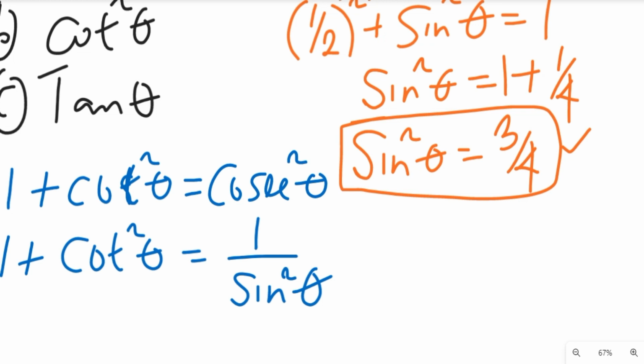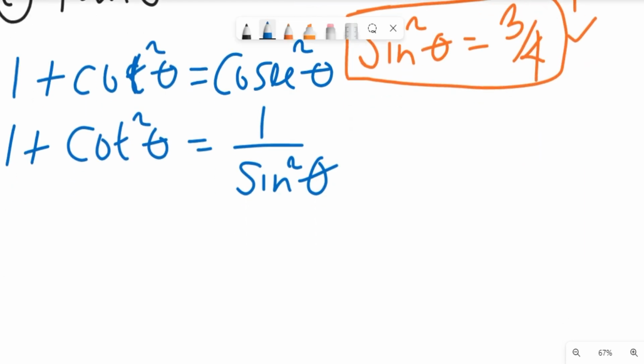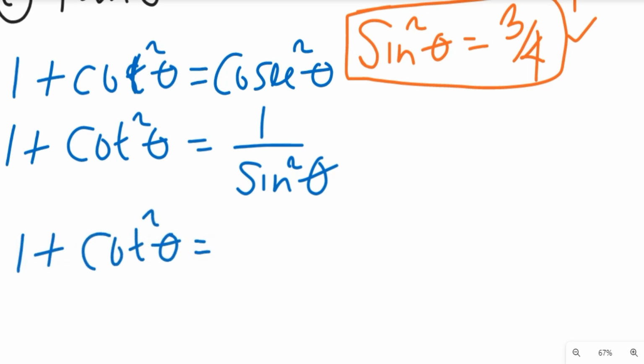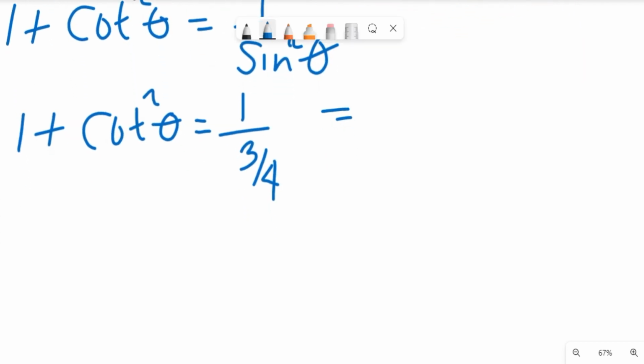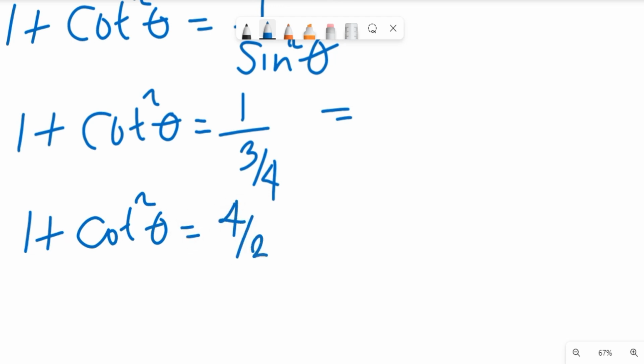Having gotten the value for sine square theta, we won't have troubles doing this. We'll have 1 plus cot square theta equal to 1 divided by 3 divided by 4. So that will give us 1 plus cot square theta equal to 4 divided by 3.